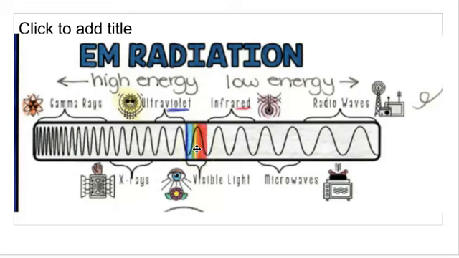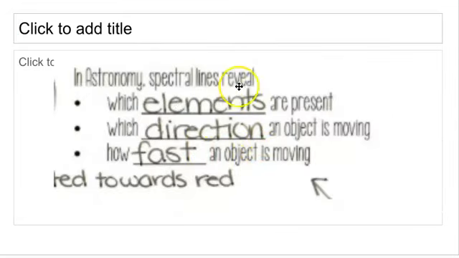Okay, so what can we do with spectral lines, which will make more sense in a second? We can tell which elements are present. If we're looking at something that is light years and light years away, remember we've talked about the elements of life: hydrogen, oxygen, and carbon dioxide. We've talked about those basic elements when we talked about water and the atmosphere that helped us have life, but is also going to make a difference in an exoplanet.